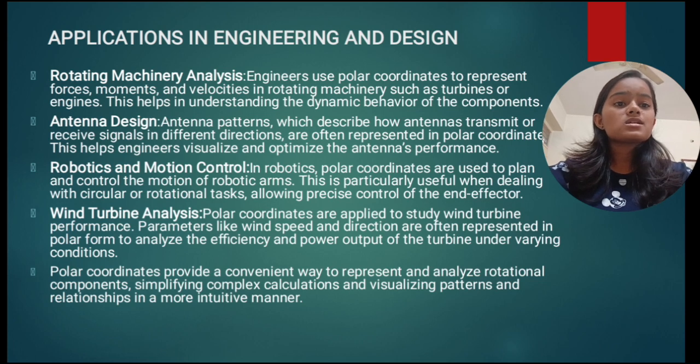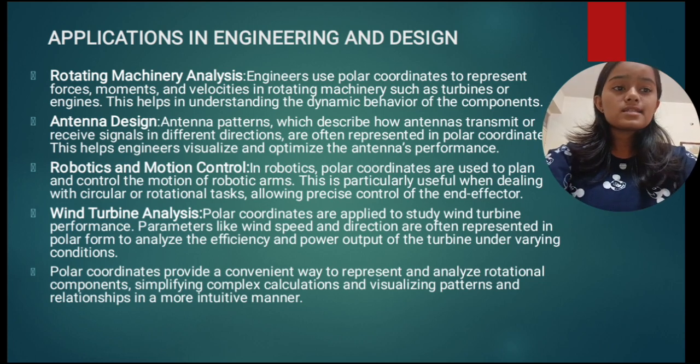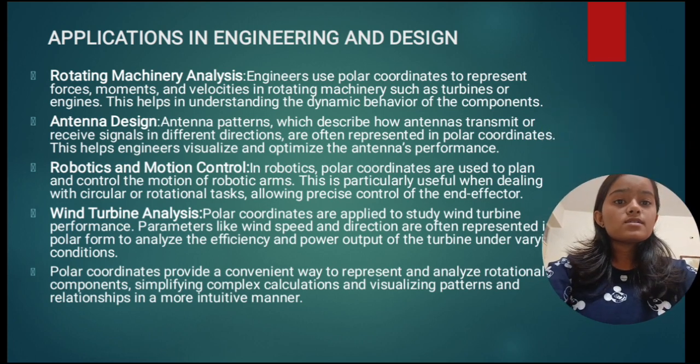Next, applications in engineering and design. First, rotating machinery analysis. Engineers use polar coordinates to represent forces, movements, and velocities in rotating machinery such as turbines or engines. This helps in understanding the dynamic behavior of the components.